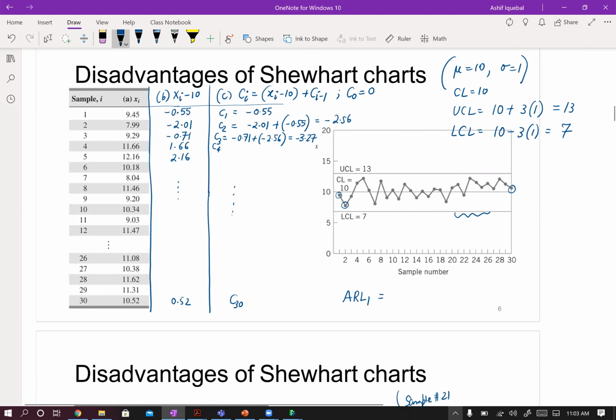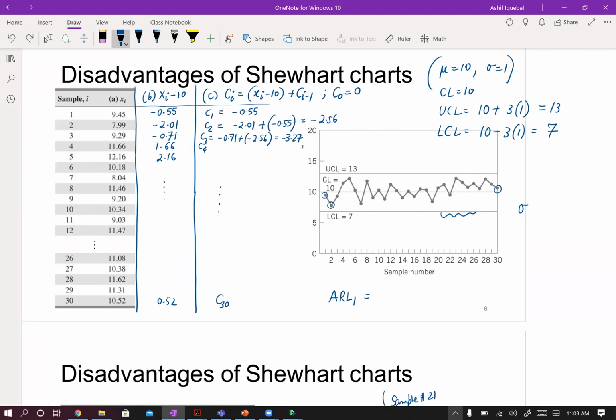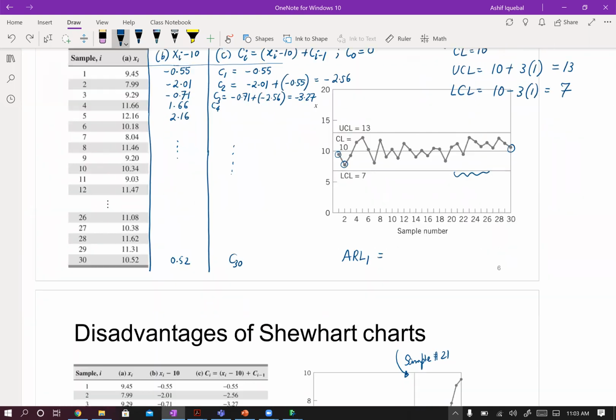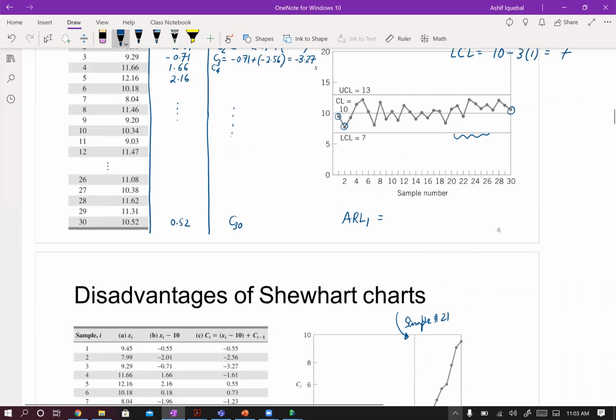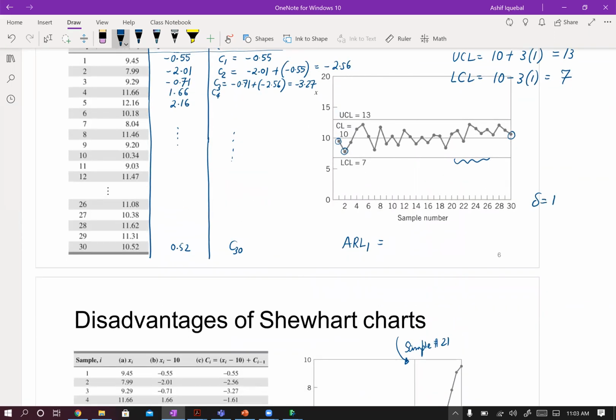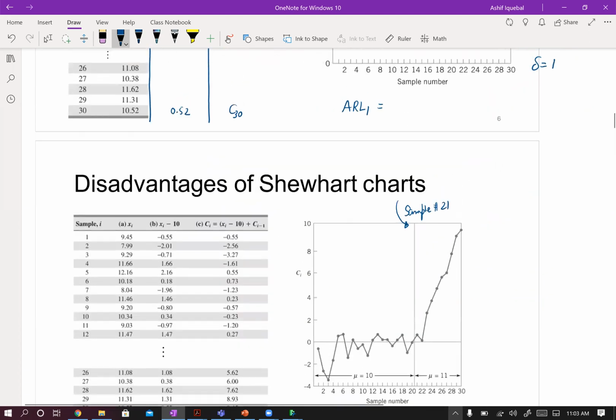The shift in the process mean here is, if you go to this sample, from mu equals 10 to mu equals 11, right? So the shift in the process mean is just 1. And I think sigma is equal to 1 for this process.